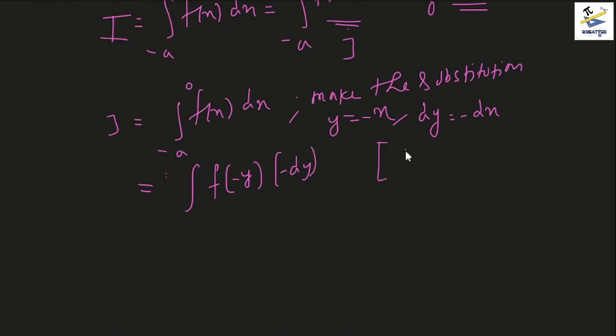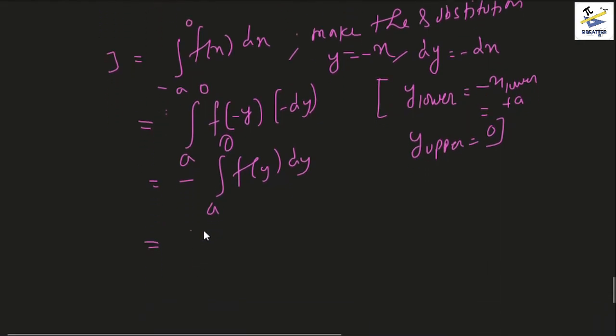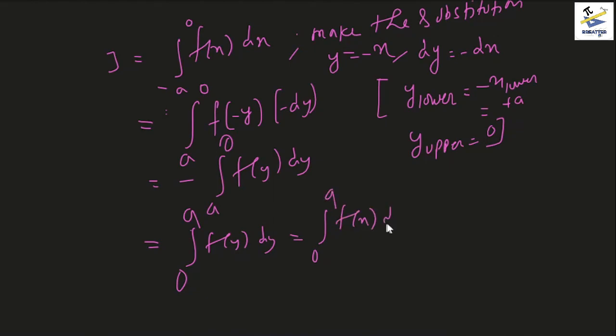As far as the limits, y lower should be minus of x lower, which is basically plus a, and y upper should be 0, so this should be from a to 0. Let's bring the minus in front, and we have minus a to 0 f of y dy. The minus reverses the integration limits, so this will become 0 to a f of y dy, and since it is independent of the change of integration variable, it will be 0 to a f of x dx.